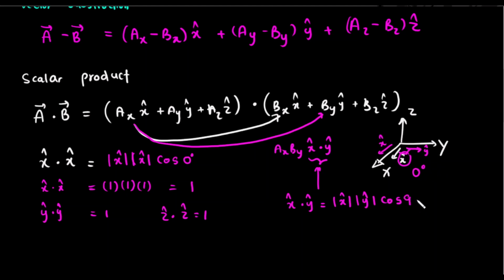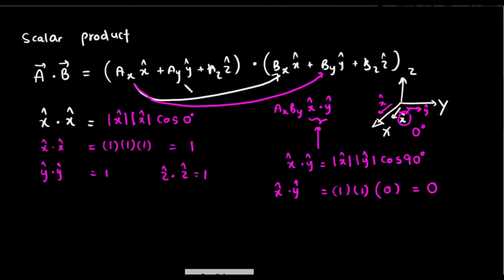So that means we have to consider cosine 90. The magnitude of x hat is equal to 1 and the magnitude of y hat is equal to 1. So what is the value of cosine 90? Cosine 90's value is 0. So x hat dot y hat is equal to 0.